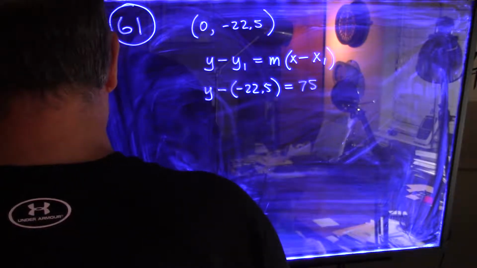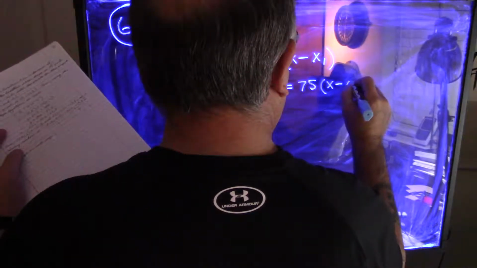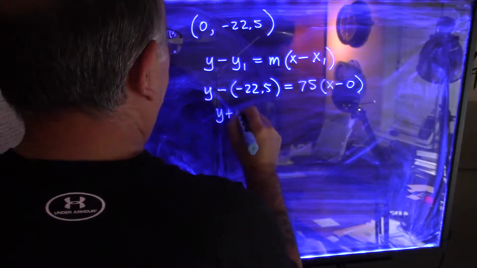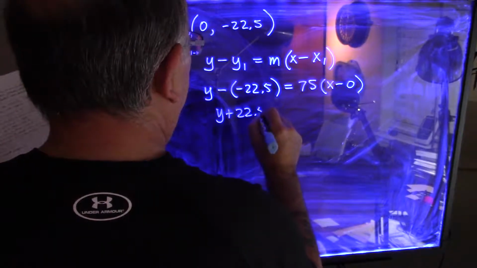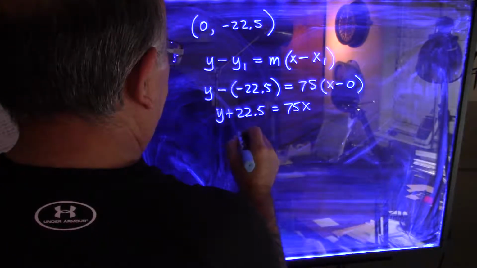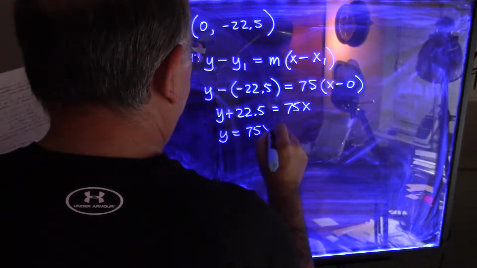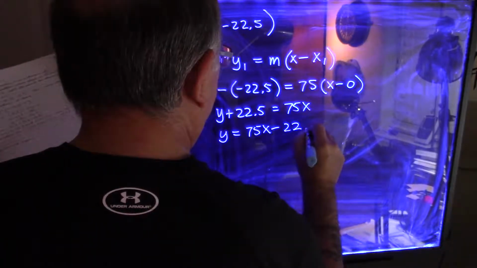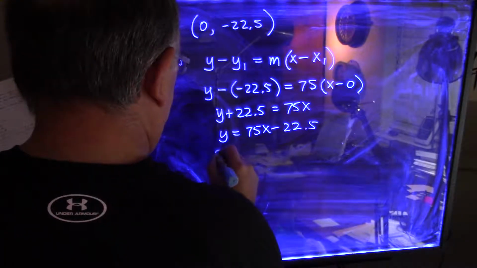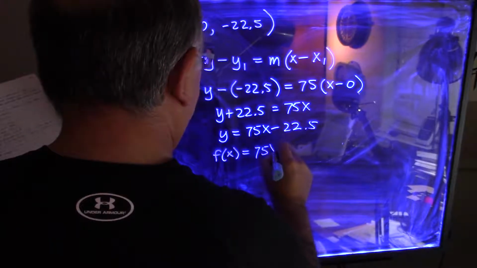And then you've got x minus x1. x1 is 0, so x minus 0. So this is y plus 22.5 equals 75x. Subtract 22.5 from both sides, you get y equals 75x minus 22.5, or call it f of x, 75x minus 22.5.